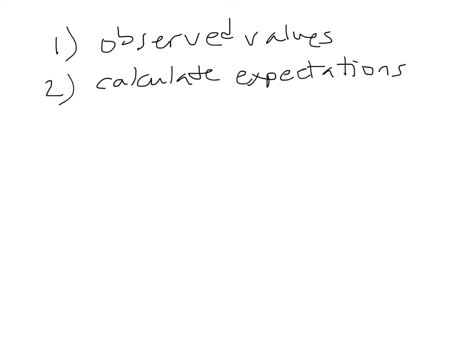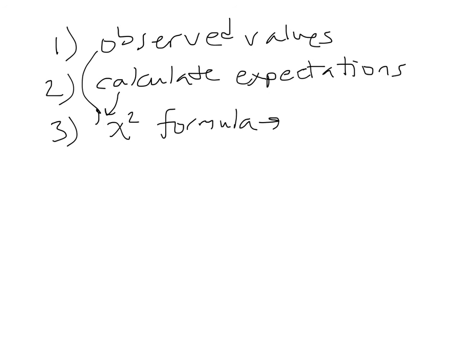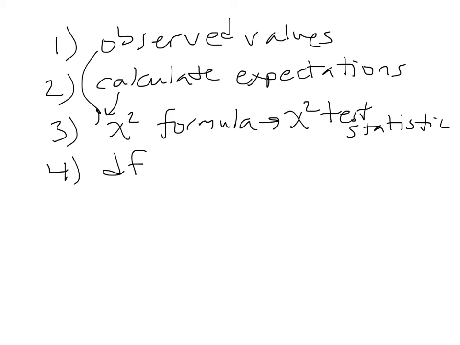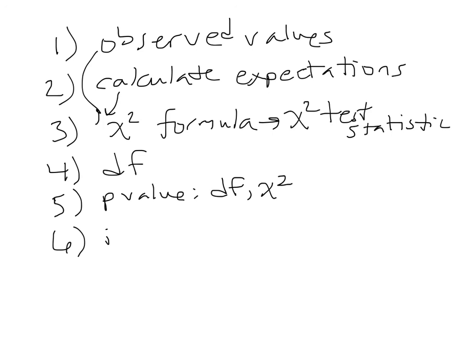Third, we plug those values into the chi-squared formula, and we obtain the chi-squared test statistic, a single numerical value. Fourth, identify or determine the numbers of degrees of freedom, look up the corresponding p-value using your degrees of freedom and the chi-squared value, and then lastly, interpret the p-value.